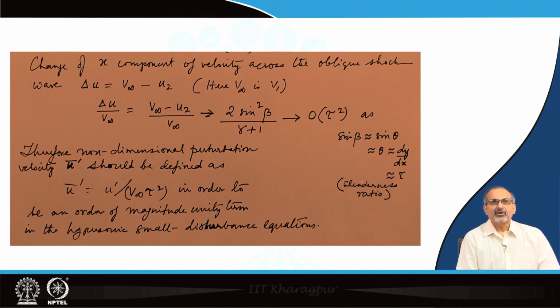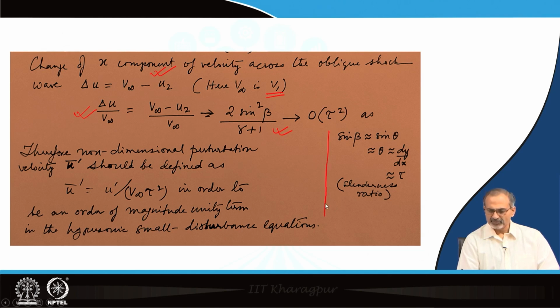So, the change of x component of velocity across the oblique shock would therefore be given by V infinity, which happens to be V1 in this case, minus U2, and the change when scaled with V infinity would be written like this, which becomes 2 sin square beta by gamma plus 1.